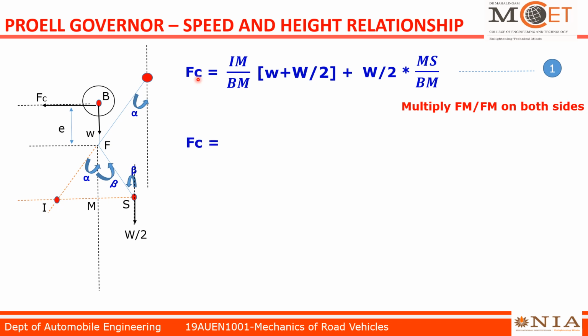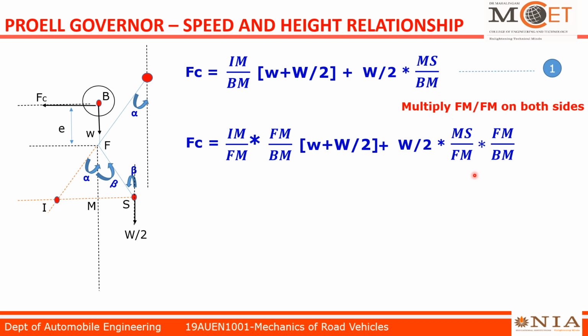So Fc equal to, if you multiply Fm by Fm to the whole term, we get Im by Fm into Fm by Bm. Small w plus caps W by 2 plus W by 2 Ms by Fm into Fm by Bm. If you strike out this, we get Ms by Bm. Here if you strike out Fm by Fm, we get Im by Bm. So we get the same answer. For our simple calculation, we just multiply Fm by Fm on both sides.